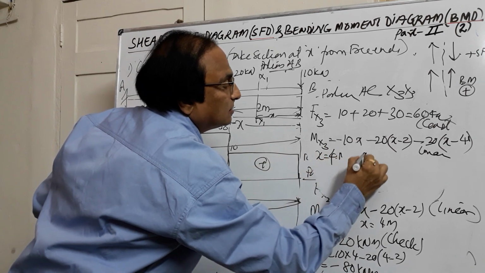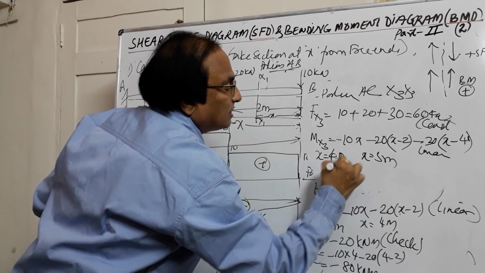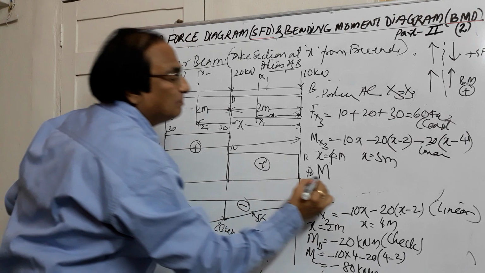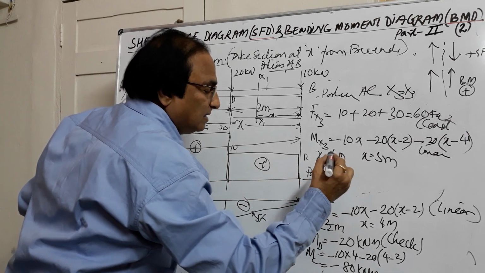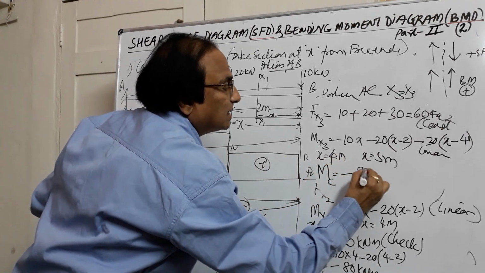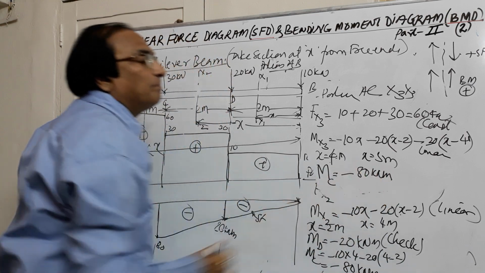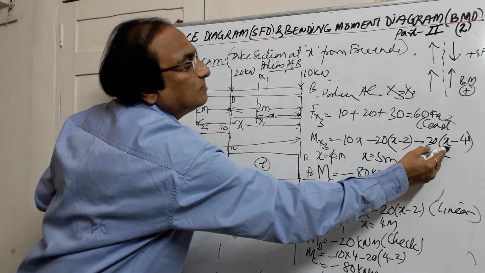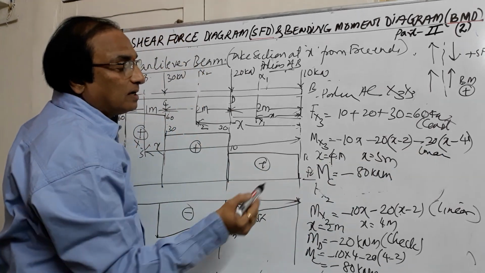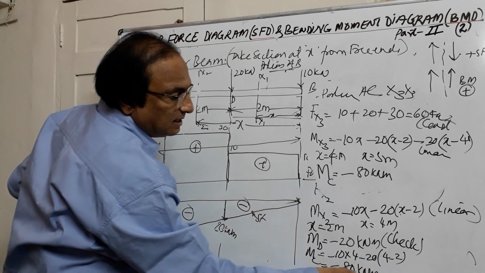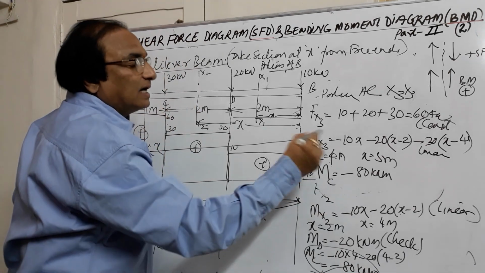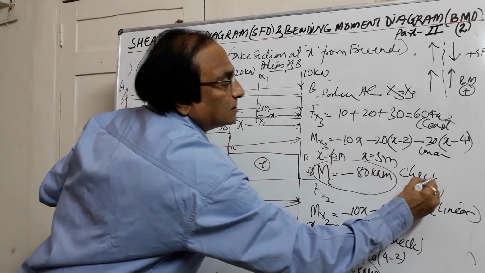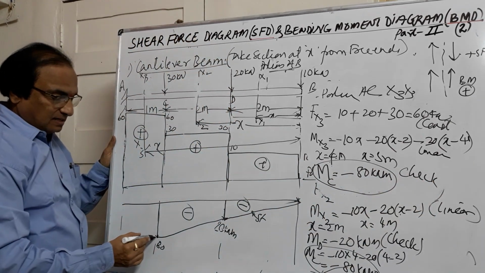If you substitute the value, the moment at x is equal to 4 meters means the moment at C. If you simplify this, you get the value as minus 80 kilonewton meter. So 4 minus 4 will become 0. Here we already found the moment at C is minus 80. Again we are getting the same moment, minus 80, which means this is a check for your calculations. So here it remains as minus 80.